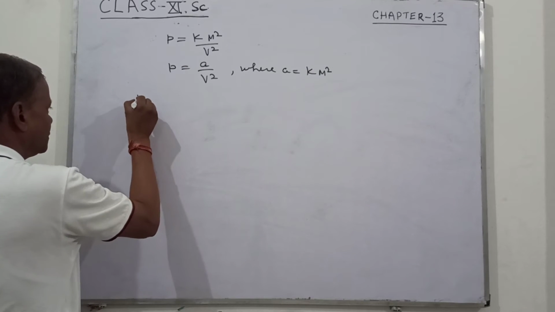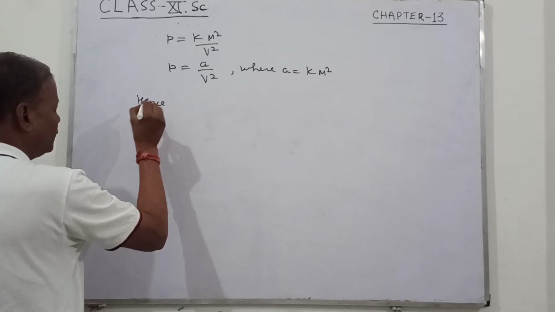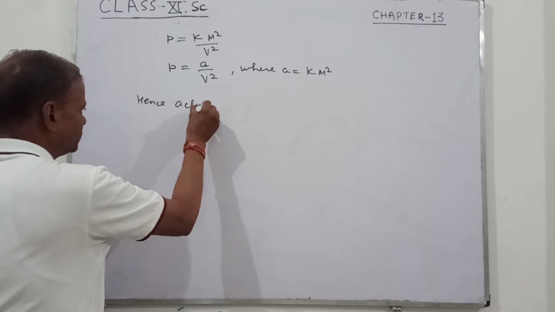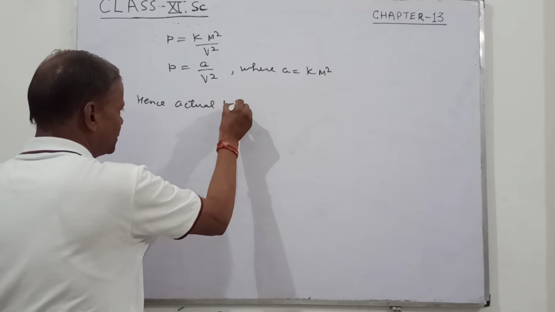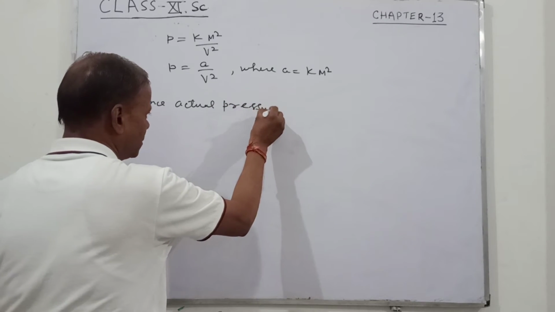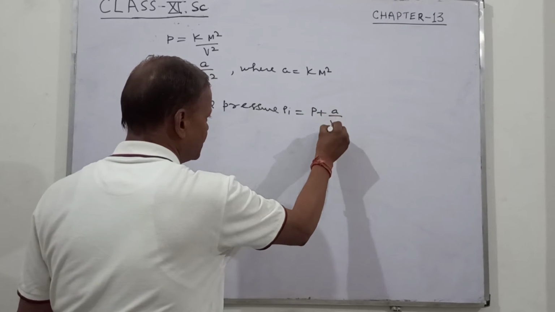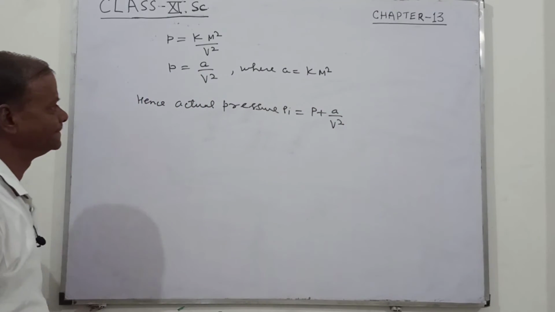Hence actual pressure P_i is equal to P plus a upon V square.